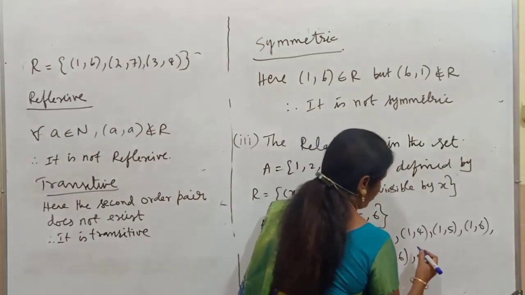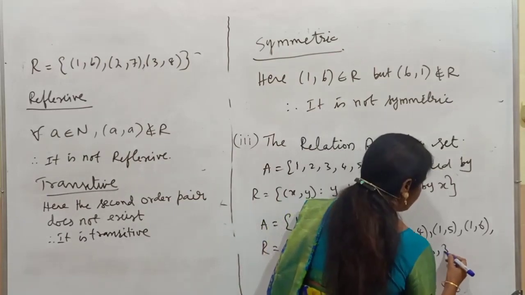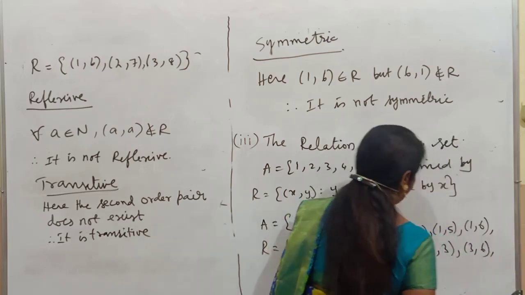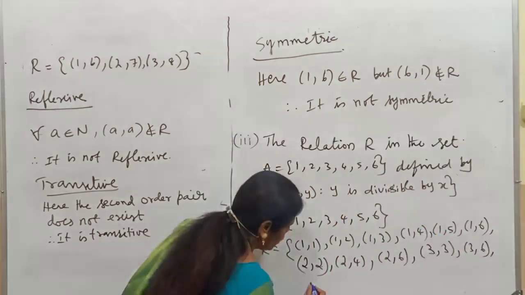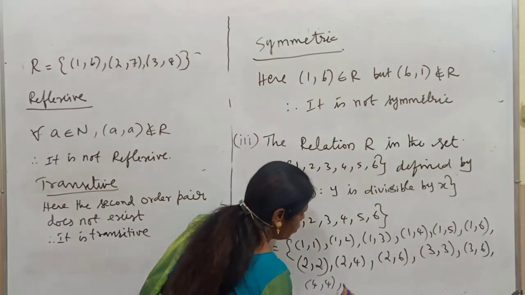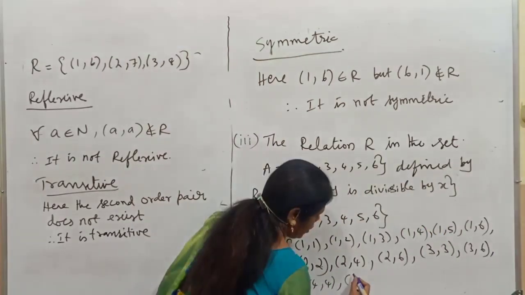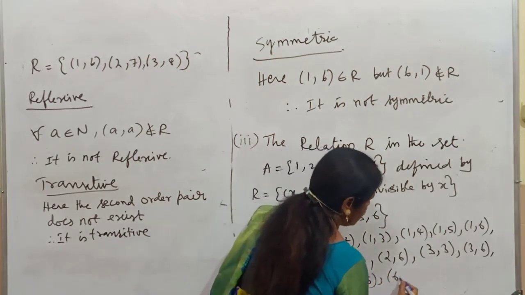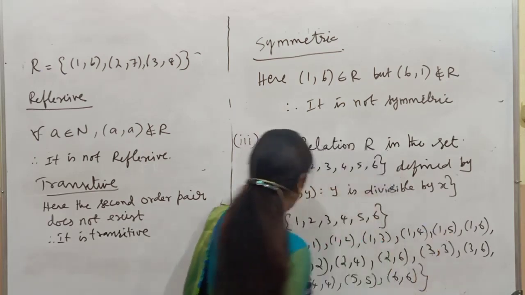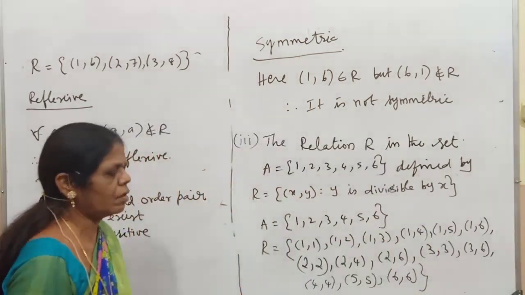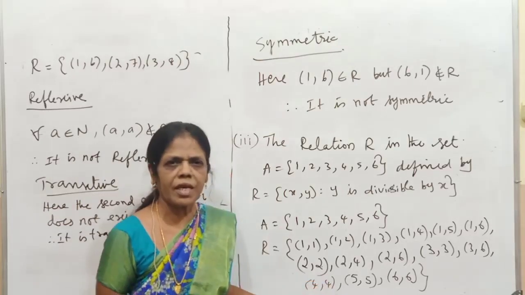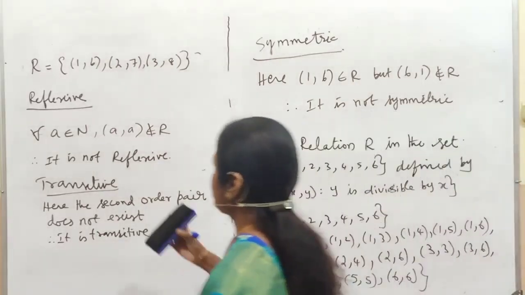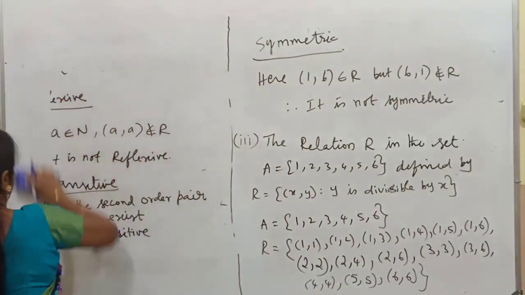Next, we are going for 3. 3 is divisible by 3, 6 is divisible by 3. 4 is divisible by 4, no more for 4. 5 is divisible by 5 and 6 is divisible by 6. These are the elements in the relation. So this is the first method. If you feel it is lengthy, we'll do it by the second method. First let's complete this method.